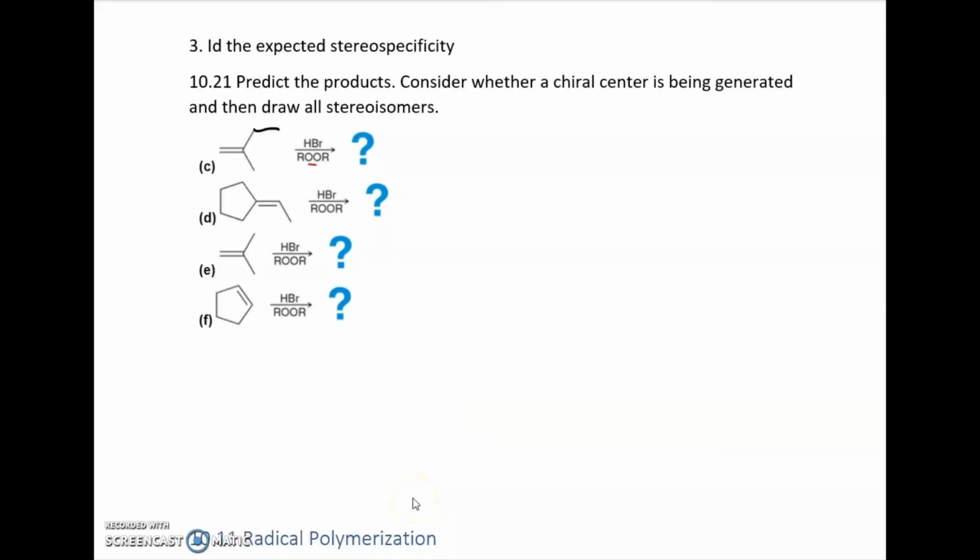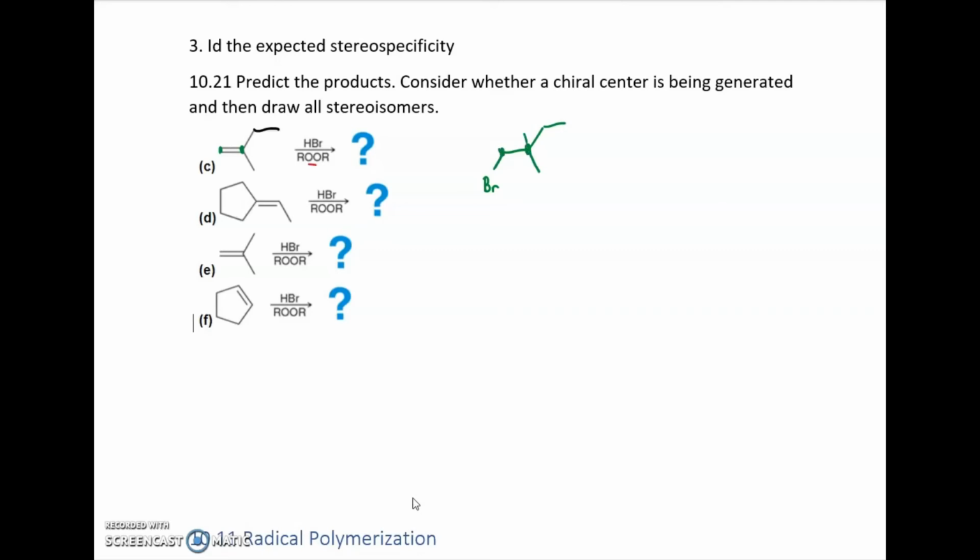So let's predict the products. We want to consider whether a chiral center is being generated and then draw all the stereoisomers. So what we're going to be doing is we've got a carbon here and a carbon here, and we're going to add a hydrogen to one of them and a bromine to the other. Because this is a radical process, we've got the peroxide here, we know we're going to add the bromine to the less substituted carbon. So we'll get something that looks like this, and we'll have the bromine added here. This is our original double bond between these two.